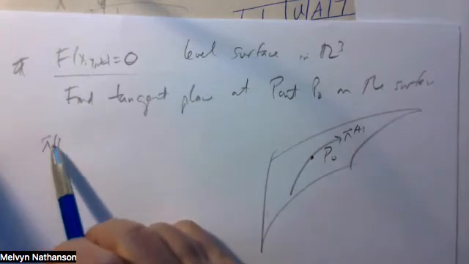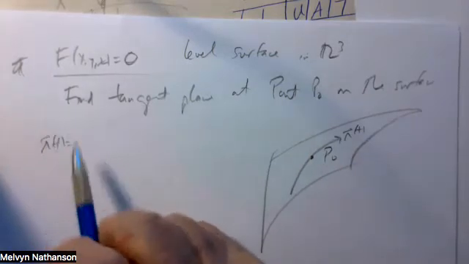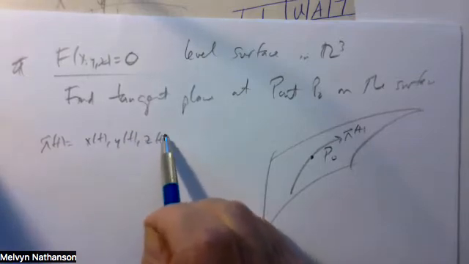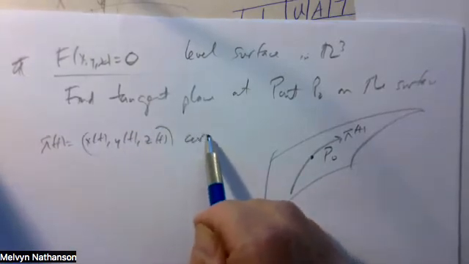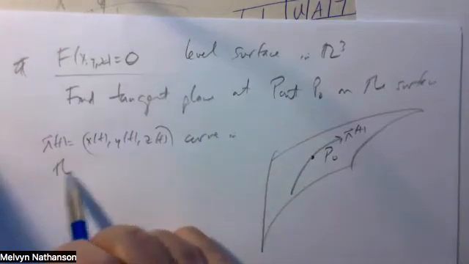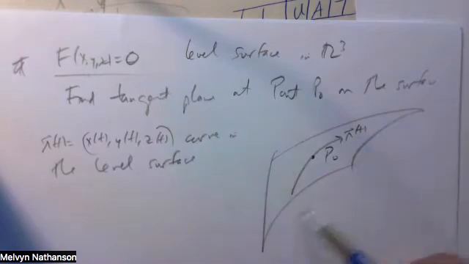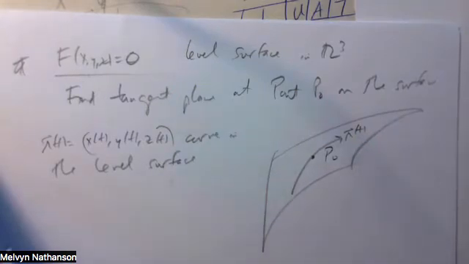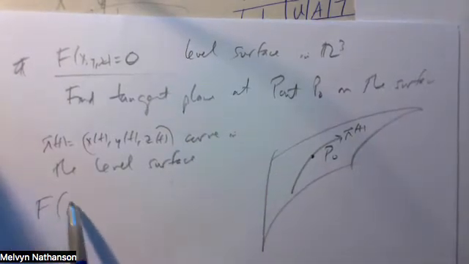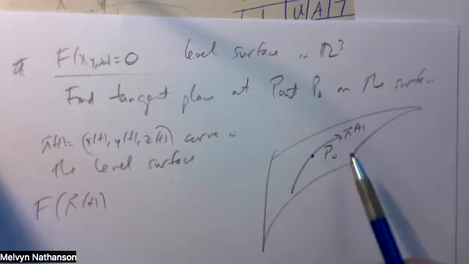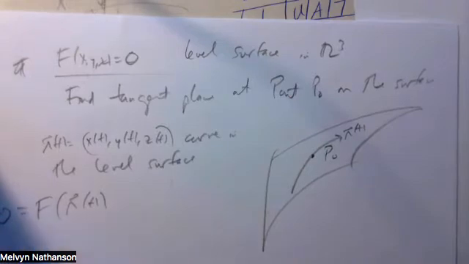So r of t, which has three coordinates, x of t, y of t, z of t, is a curve in the level surface. So F evaluated at r of t, this is F evaluated at a point on the level surface, that's always equal to 0, it's constant.